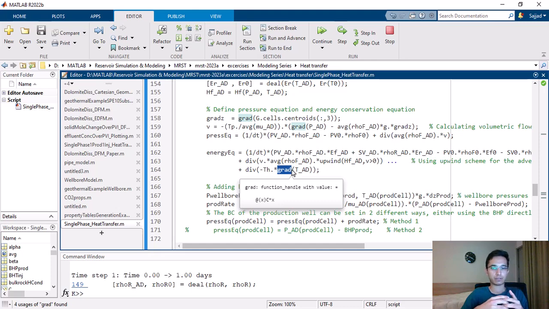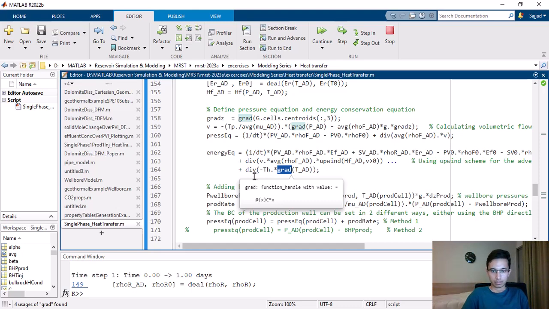The name is a little bit misleading, but what it actually does is calculate the difference in the temperature of the neighboring grid cells. The actual meaning of gradient is, for example, the difference between the temperature of two grid cells divided by the distance between those two grid cells.